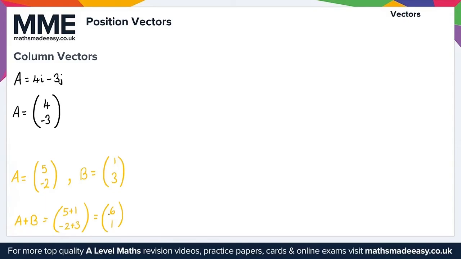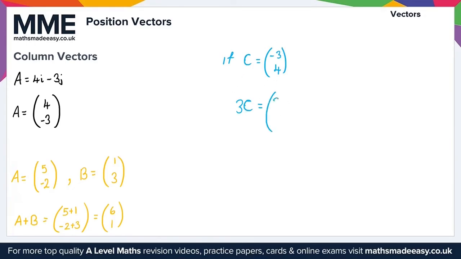And when we're multiplying a column vector by a scalar, again, this is rather straightforward. Let's say C is given as minus 3, 4. Well, in that case 3C, we just take 3 and times it by the minus 3, and then take the 3 again and times it by the 4.